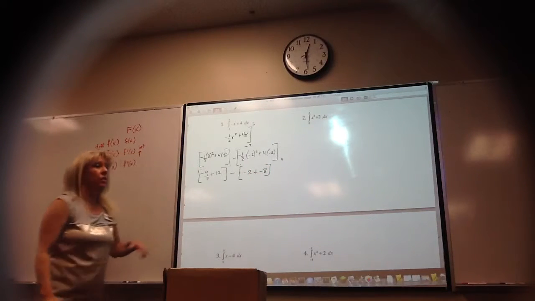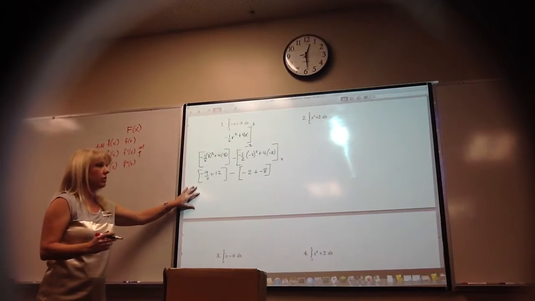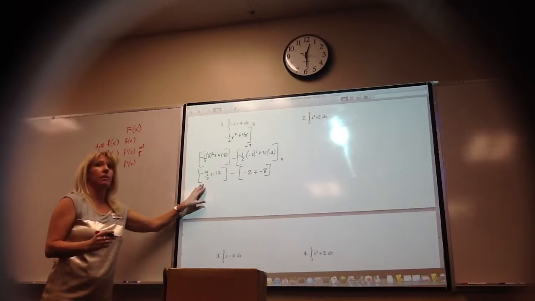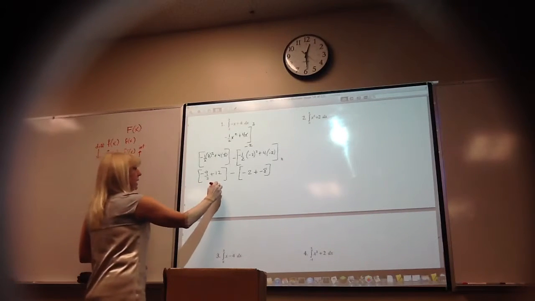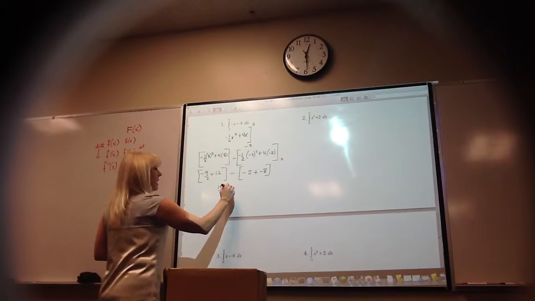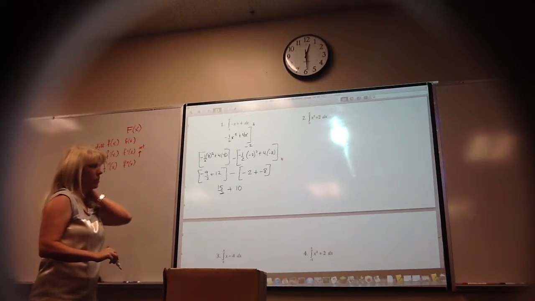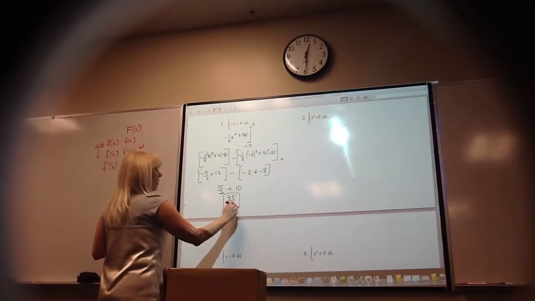However you operate with your calculator or adding fractions, negative 9/2 plus 24/2 is 15 halves. So we have 15/2 minus a negative 10, which is plus a positive 10. 15/2 plus 20/2 is 35/2. Exact area under the curve.